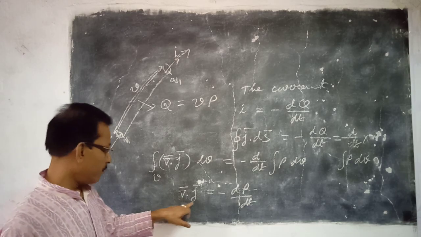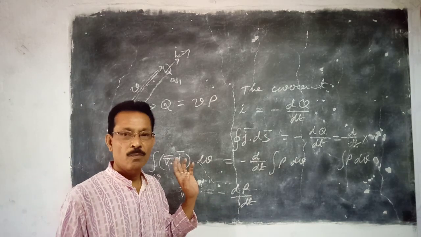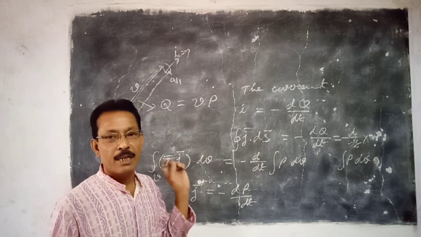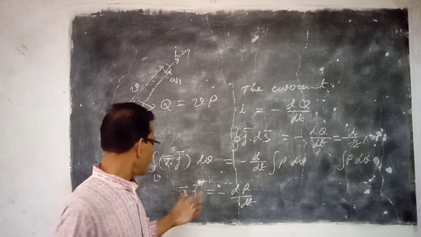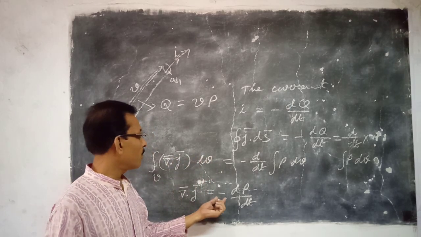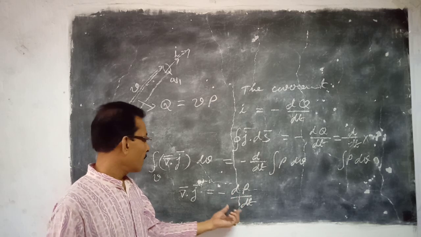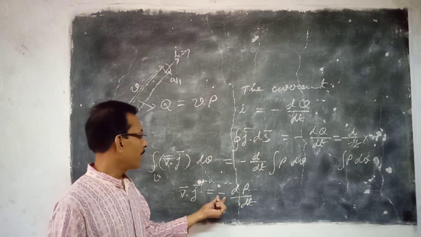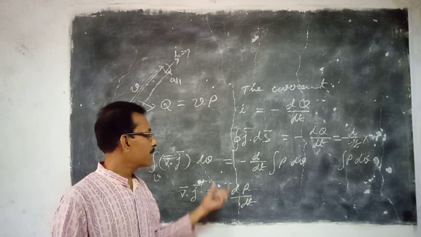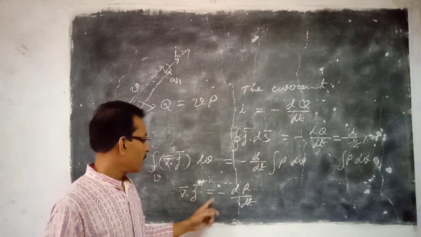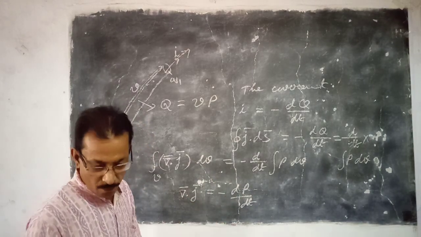So divergence of J is not equal to 0. Otherwise, conservation of charge will not be valid. Divergence of J would be equal to 0 only if the charge density remains constant. Minus sign means the charge density is decreasing at this rate. So this is the equation of continuity.